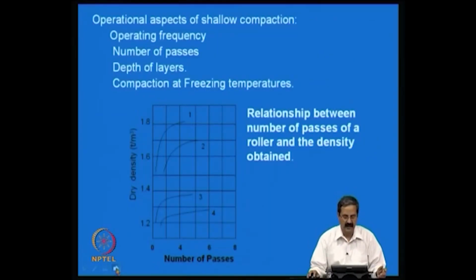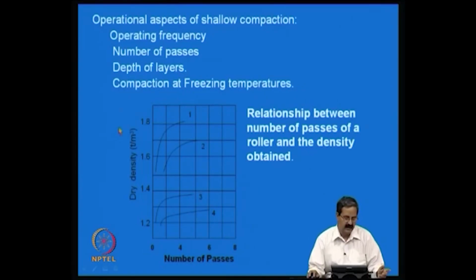And there are a couple of issues that we need to address in the case of compaction. Once we get the field and laboratory compaction, in the case of a compaction curve in the field, you must be able to specify what the operating frequency is, the number of passes and the depth of layers, and compaction at freezing temperature is also going to be a critical issue.